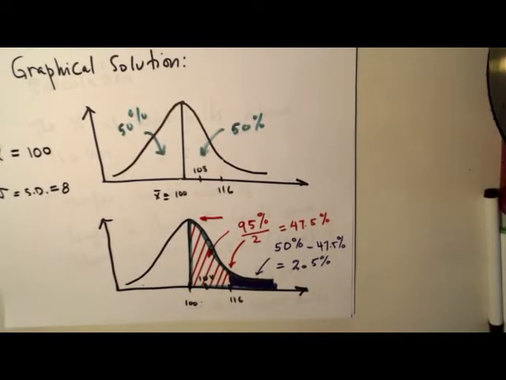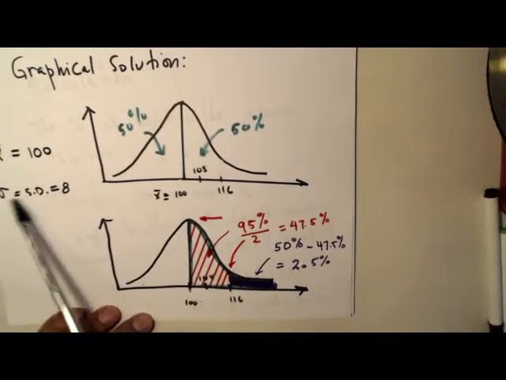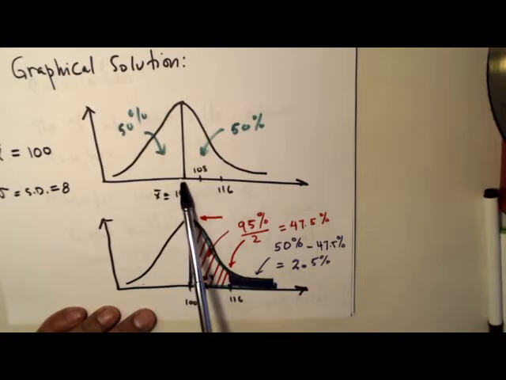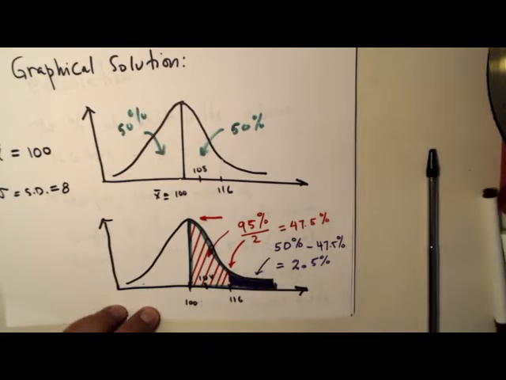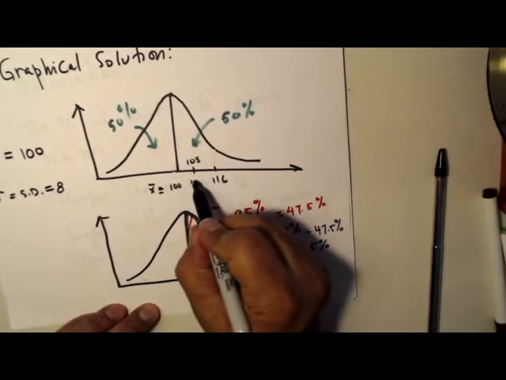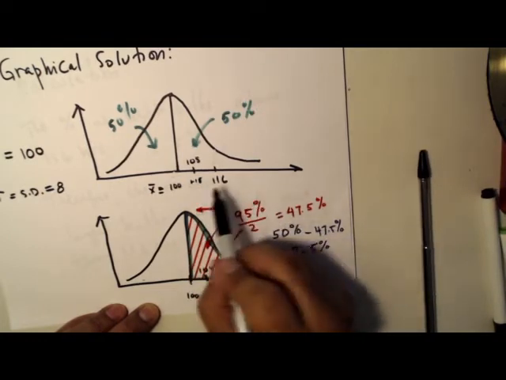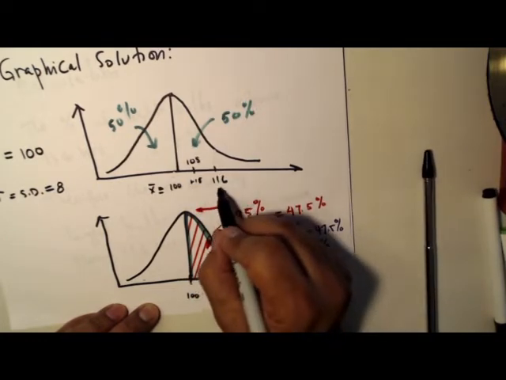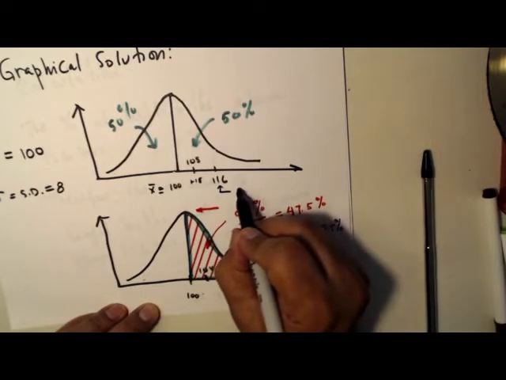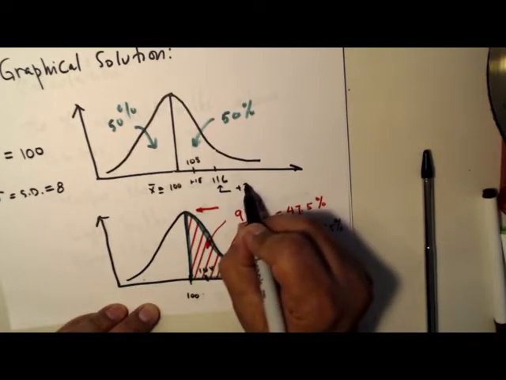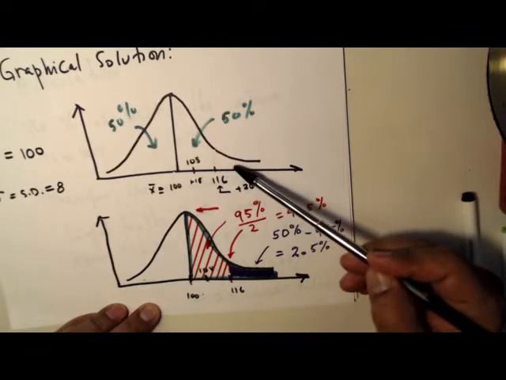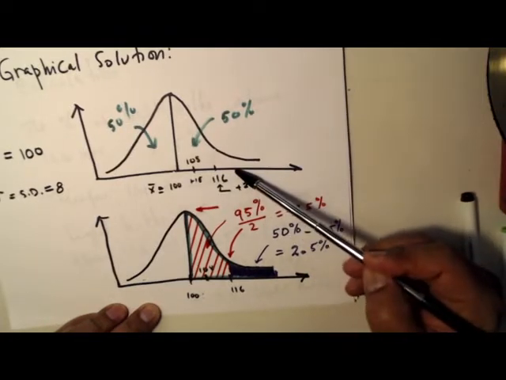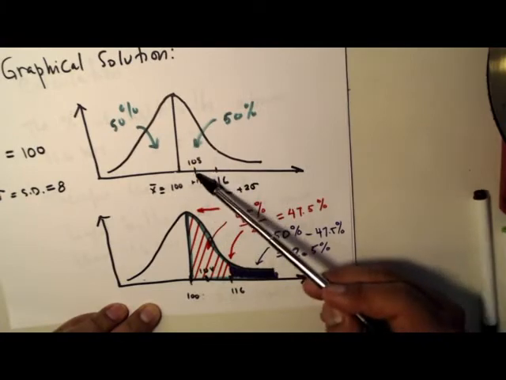And then we know that the standard deviation is 8, so we start from the mean and add 8, which will be 108, our first standard deviation. And then we add another 8, that will be 116, and this will be our second standard deviation, right? If we would like to calculate the next one, it will be plus 8 again, but in this example, we only need these 2 points.